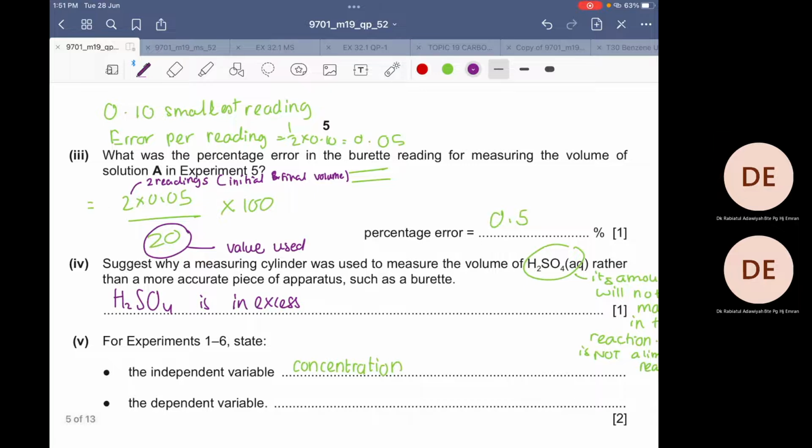For experiments 1 to 6, state the independent variable. The independent variable is usually seen as your x-axis, what you can change, what you will plot on the x-axis.